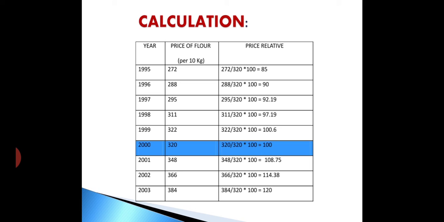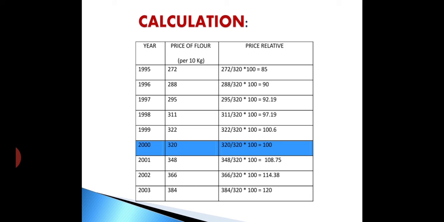That means the current year value 272 is divided by the base year value 320, and this fraction is multiplied by 100, and the answer is 85. 85 is the price relative or simple price index number of the year 1995.